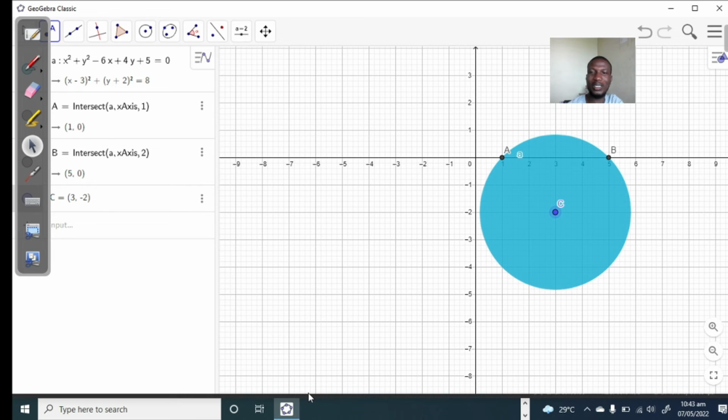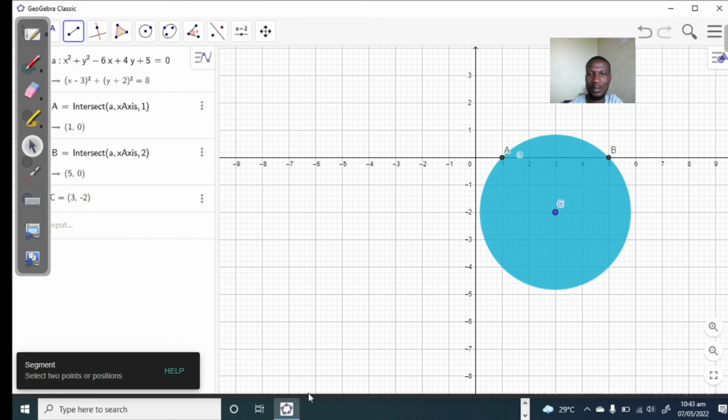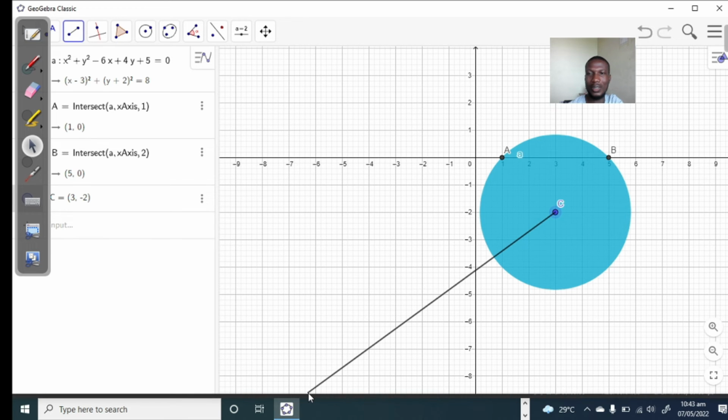So now we are connecting this radius of our circle, from the center to this point on the line. So this radius, we are going to find its gradient. Then we'll use that to find the gradient of a line that is perpendicular to it.